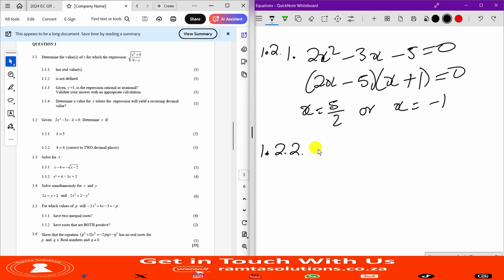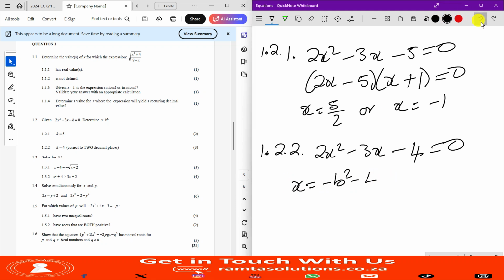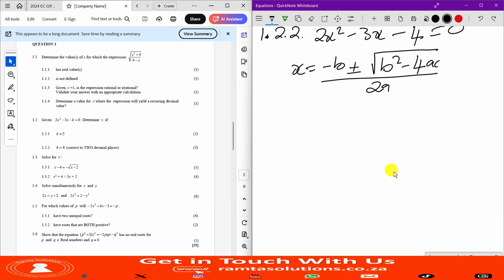So we will say 2x squared minus 3x minus 4 is equal to 0. So yes, we must use the quadratic formula. If you don't remember your quadratic formula, you can check it out at the back of your question paper, or it is given in the information sheet.